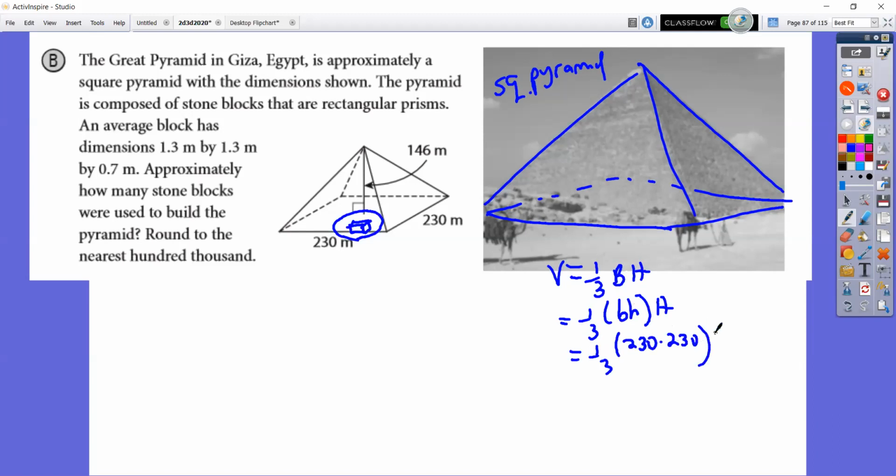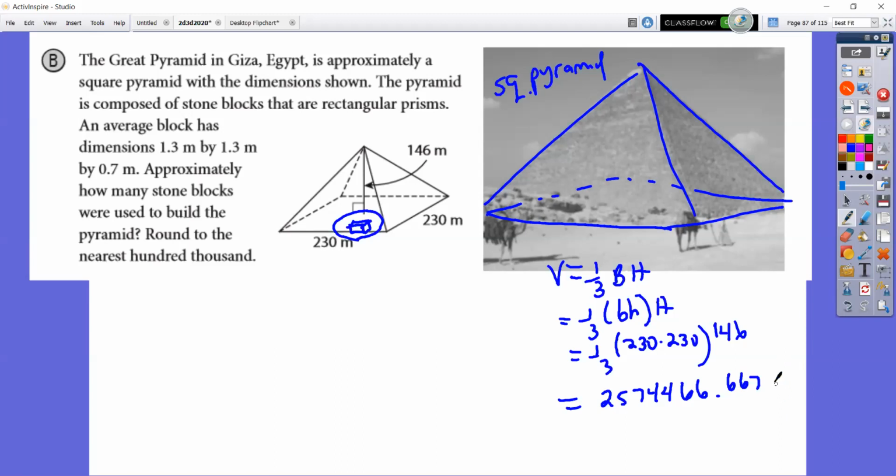Now multiply that by the height of the pyramid, which is 146. So if I multiply that, we have 230 times 230 times 146, and then divide that by 3. We're going to get 2574466.667. It probably continues with sixes.